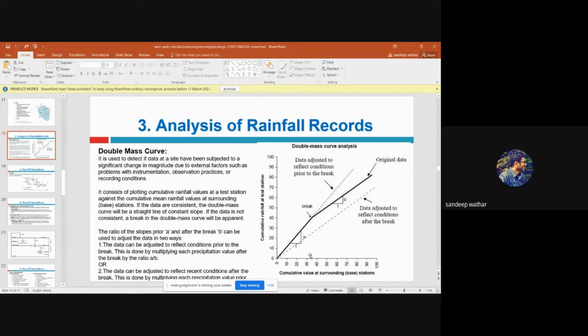I'll try to find a problem in the next class and I'll show you how this works. Okay, if possible. So for any given duration, like for example, a 10-hour period, the first hour, whatever the rainfall that I have from the test station and base stations are recorded.